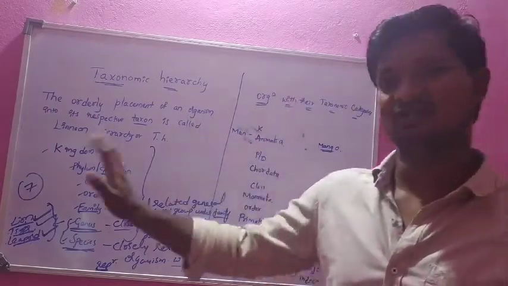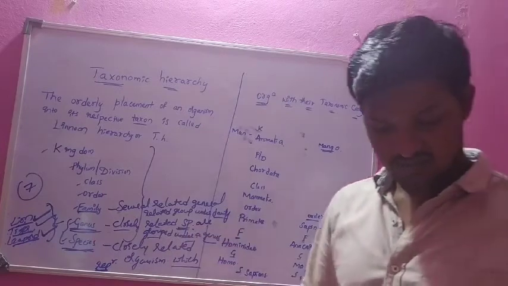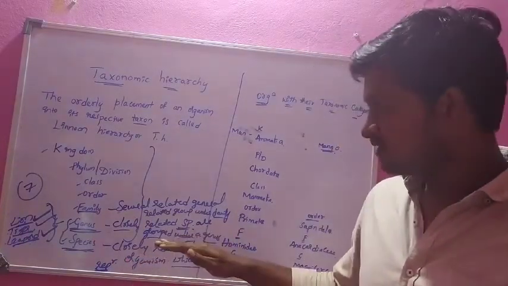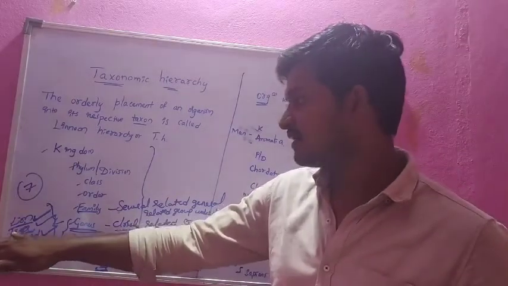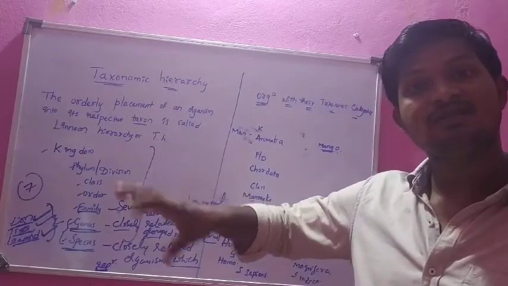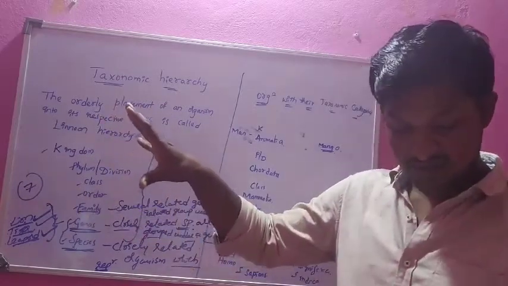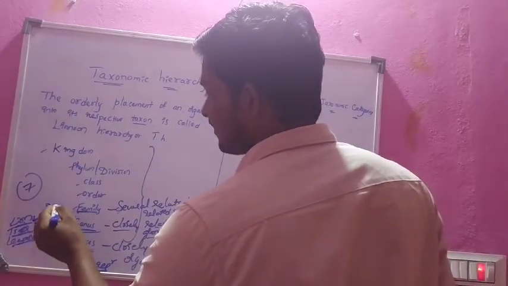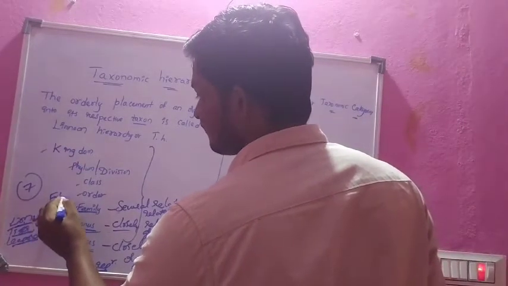If we take any organism, for example, these things only you can take. Lion, tiger, leopard. These organisms come under the same family. What is that family? Felidae.